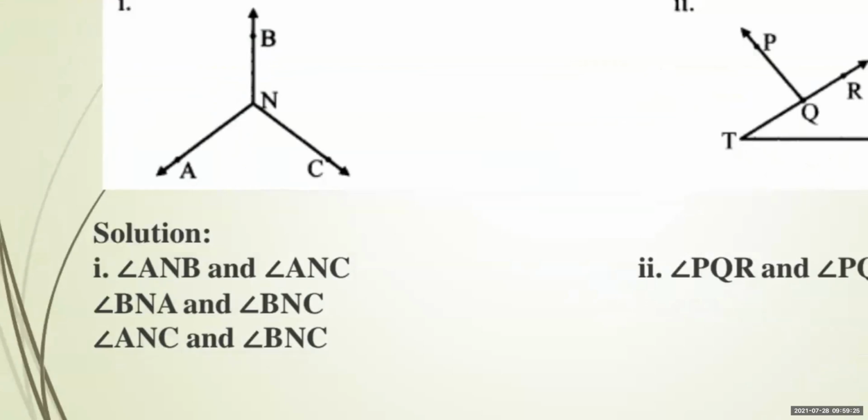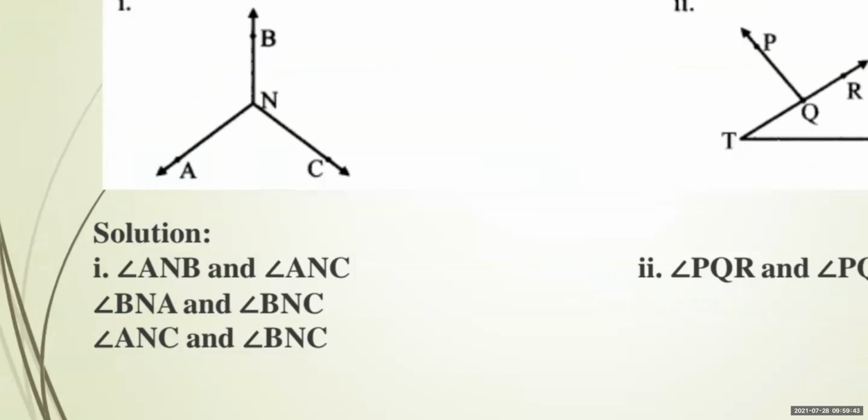Okay. Now in this first figure, we have to find out the pair of adjacent angles. In a pair of adjacent angles, what do we have to look for? Common arm, common vertex and interior.